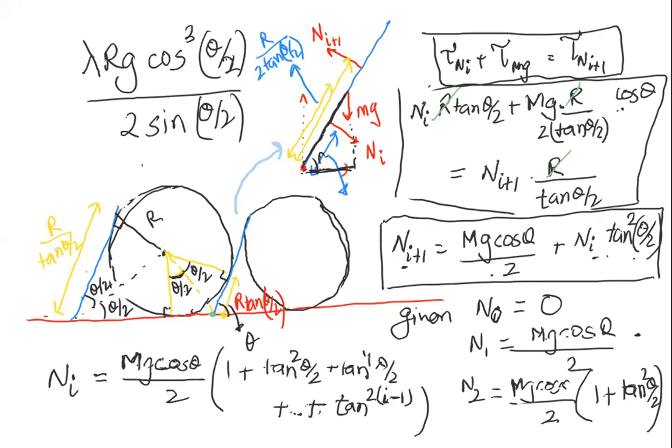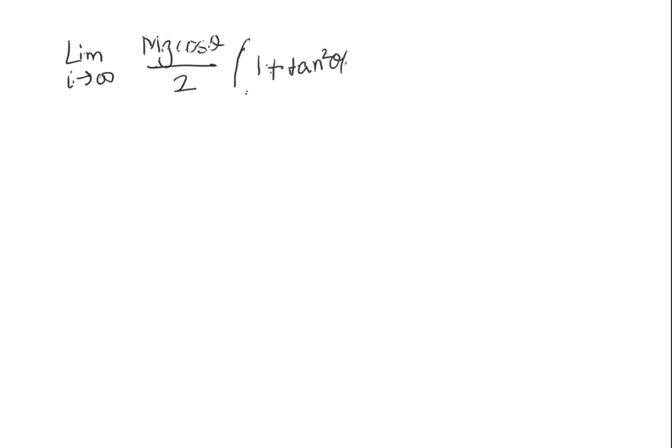So if I have this kind of series and I'm being asked for the normal reaction at a very large distance to the right, okay, then this means that they want us to find limit i tends to infinity of mg cosine theta by 2 into 1 plus tan square theta by 2 plus dot tan to the power i minus 1 theta by 2.